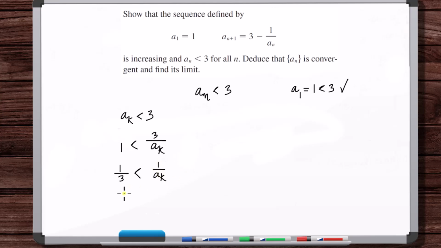Okay, now let's just go ahead and flip this because I want the a sub k. I just feel more comfortable with the a sub k term on the left side. Okay, now we're going to add 3 to both sides.